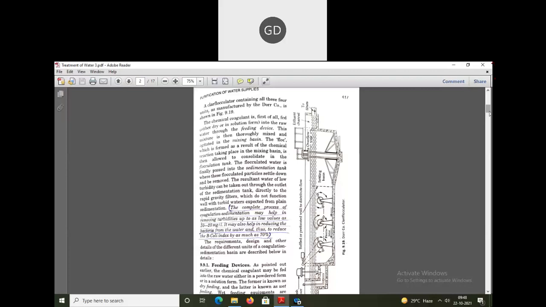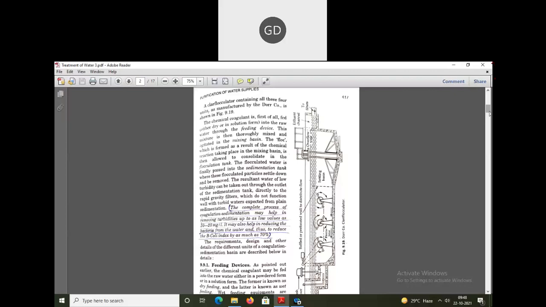After you add the chemical coagulant, this mixture is thoroughly mixed in the mixing basin.